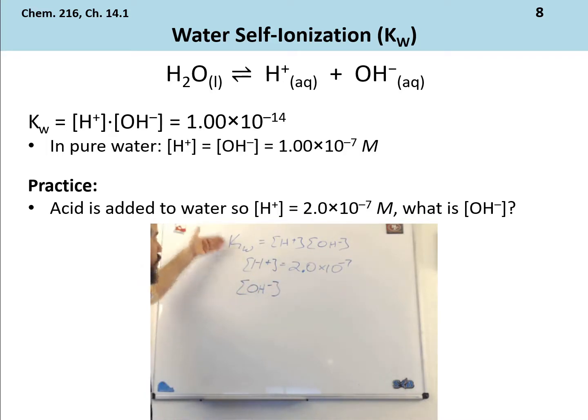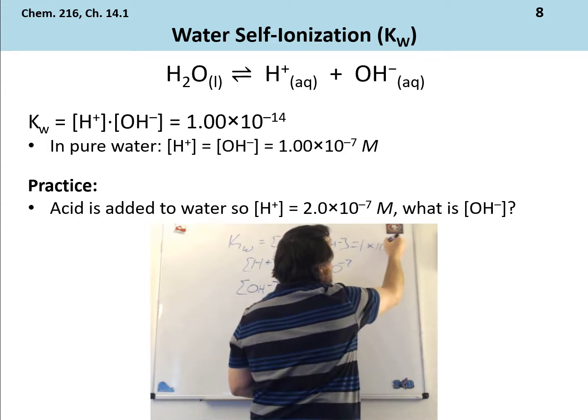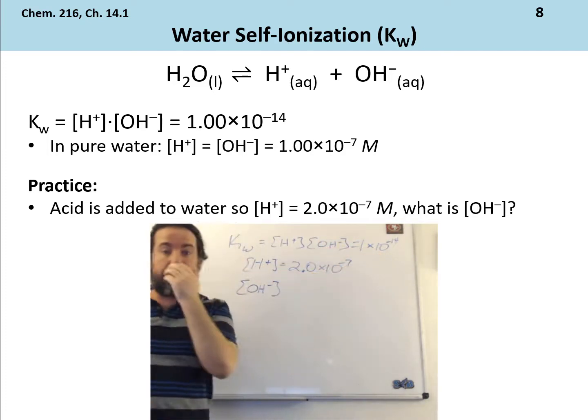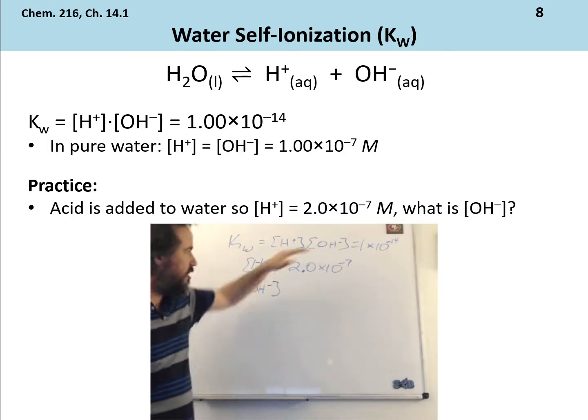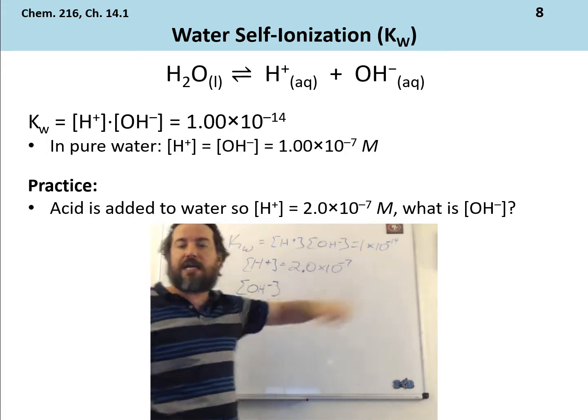We can use this equation because remember at 25 degrees, Kw equals 1 times 10 to the negative 14. We're only going to use it at that temperature.